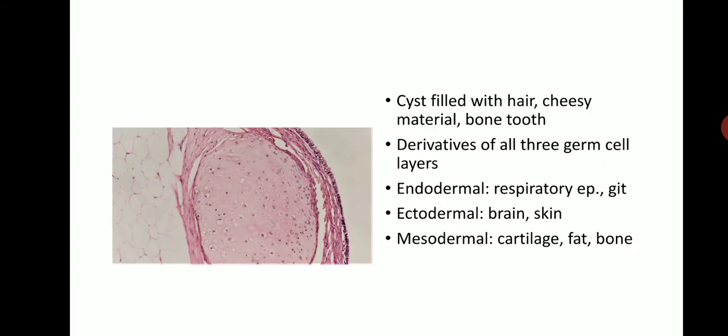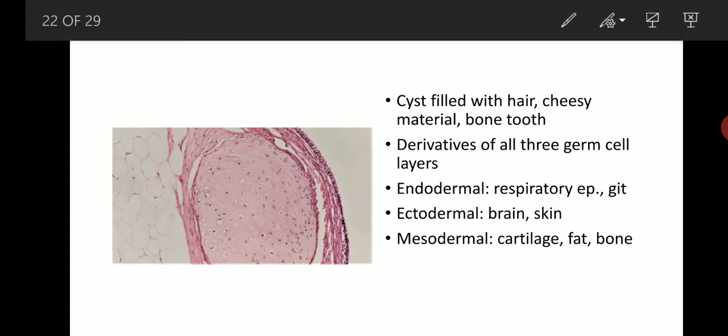As you know, teratomas can produce epithelial or otherwise known as the ectodermal tissue. They can produce endodermal tissue, they can produce mesodermal tissue. As in this picture, you see cartilage, mature cartilage, and a respiratory epithelium which is derived from the endoderm.